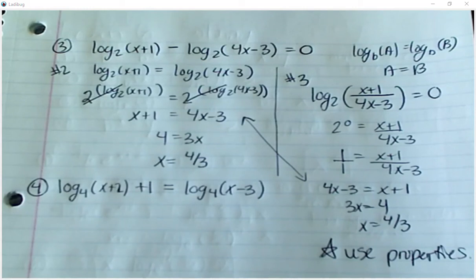Right, there's a lot of choices. When you add two logs, yep, you're going to multiply 4x plus 8. Yes, that will work. You just got to pick one of the log formats and use your properties to get there. Then move forward.